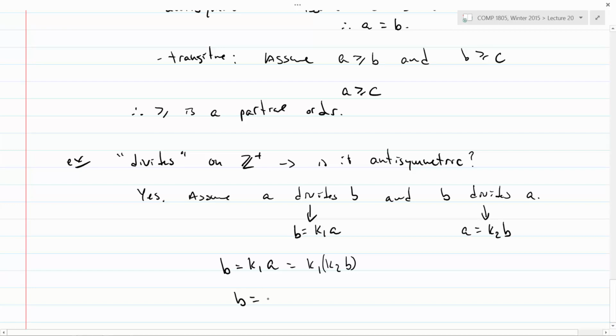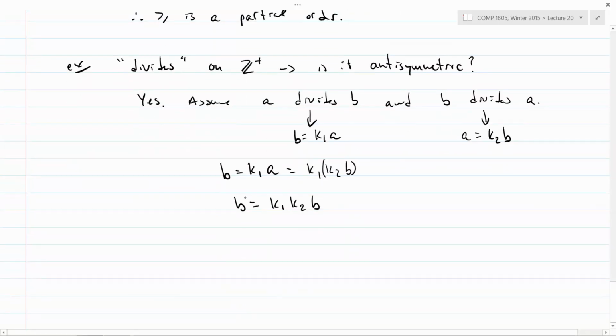So I know that B equals K1 times K2 times B. What does this tell me? Right, so if I cancel the B's from this side, I get 1 equals K1 times K2.